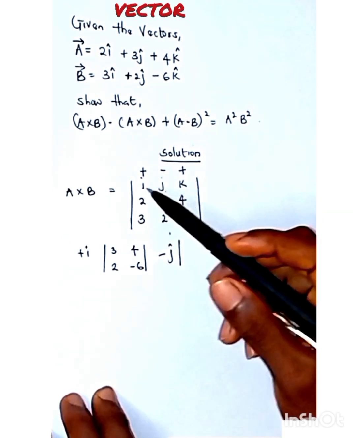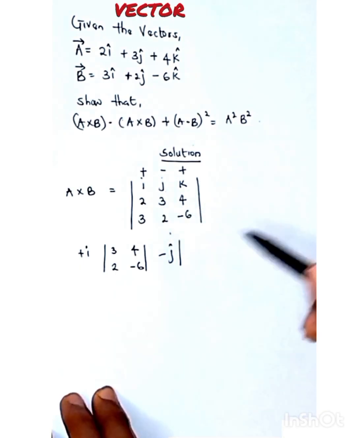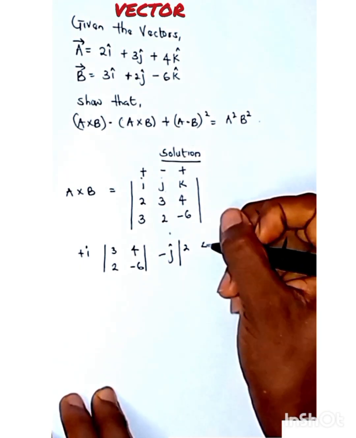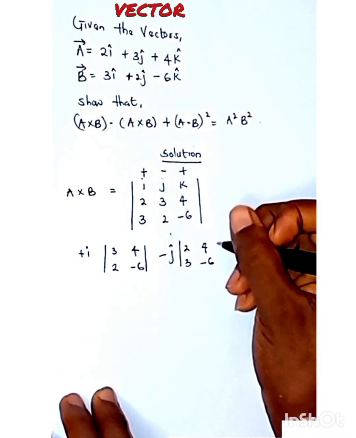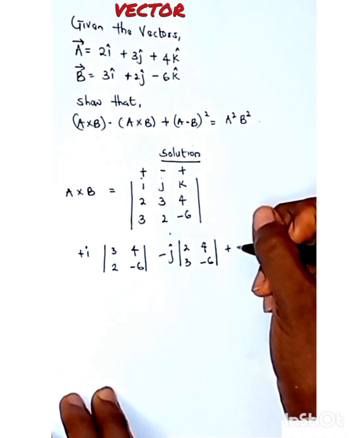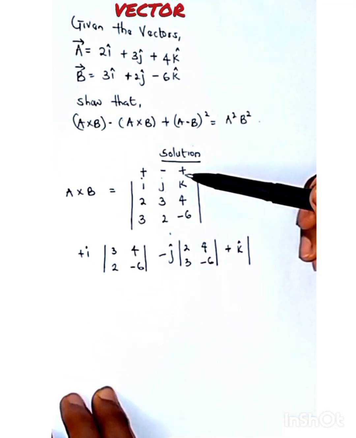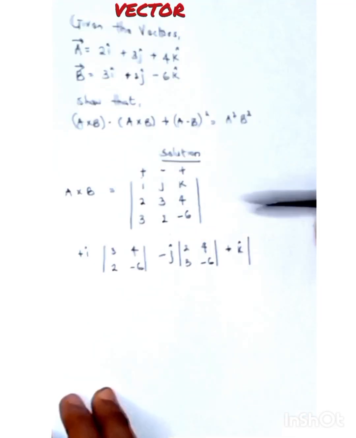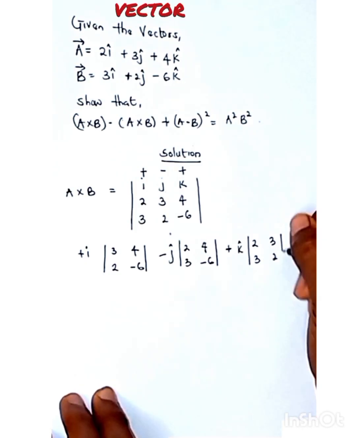Now j lies in the first row and second column. We eliminate them and we have 2, 4, 3, minus 6, then we have plus k, where we eliminate the first row and the third column. We have 2, 3, then 3, 2.